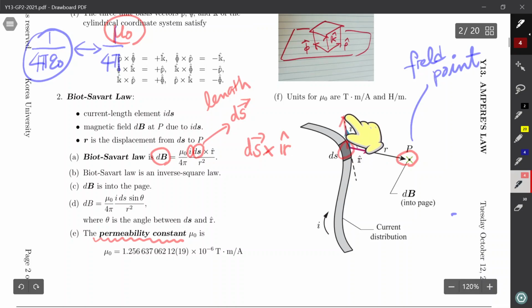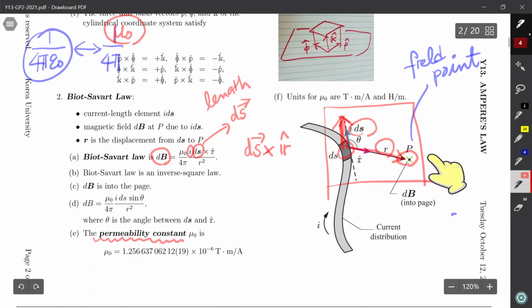ds is here, ds cross r, the cross product, because if we draw these two vectors, ds vector and radial vector, on a plane, the direction of ds cross r is into the page. That's the reason why this symbol is written on point P if the current I is positive.